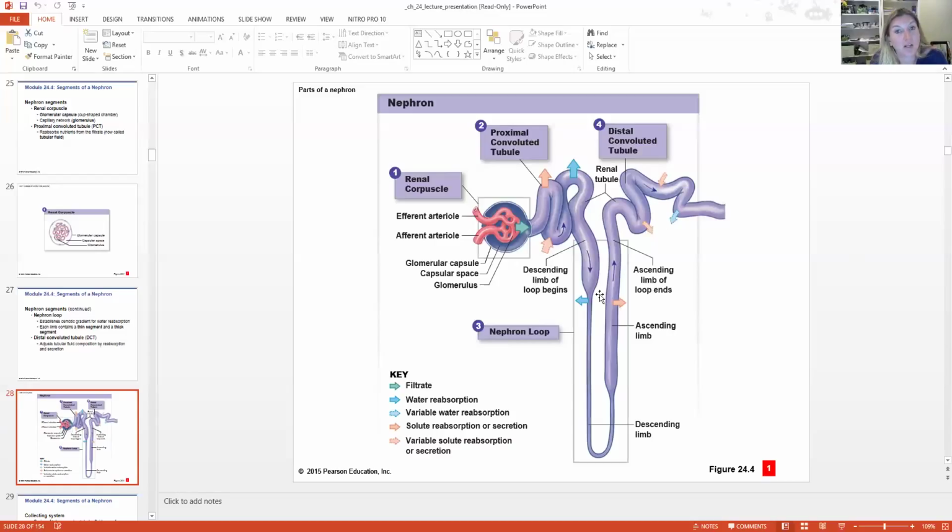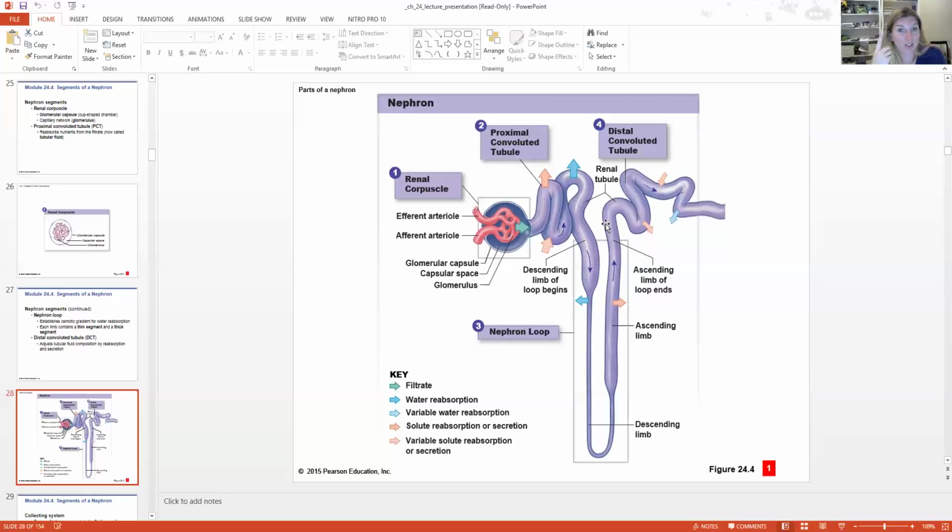So the last step on our tour is the DCT, and notice these are dashed arrows, and what that means is it's variable. It's variable water and solute reabsorption in the DCT. The reabsorption at the DCT is dependent on hormones. Let's review hormones briefly. We'll talk about them more later, but there are 2, maybe 3 hormones that we've talked about several times in this class that will influence the volume of urine or solute concentration of your urine, specifically sodium.